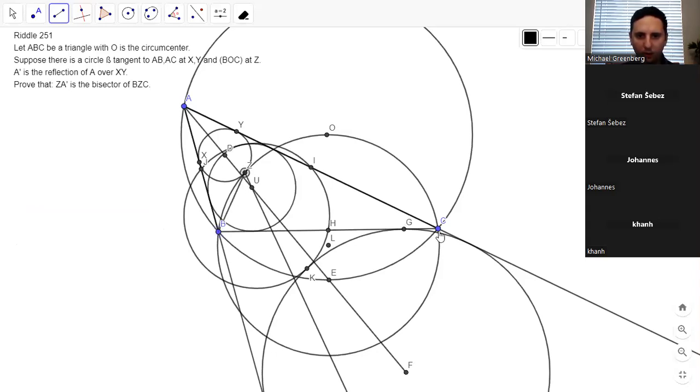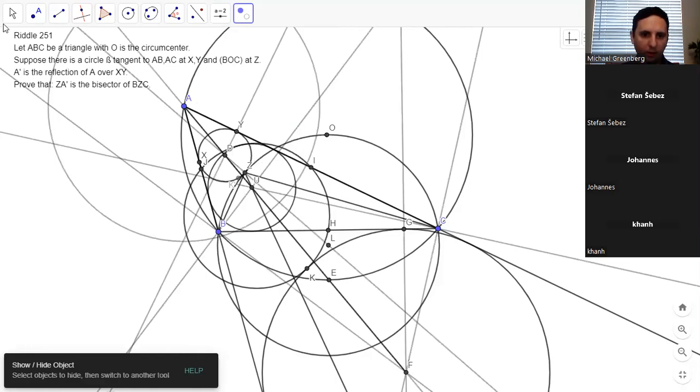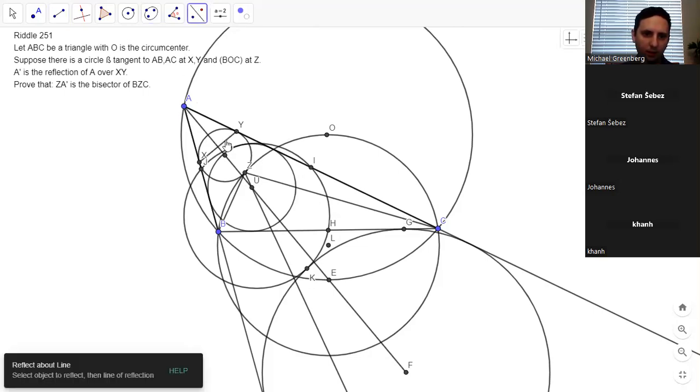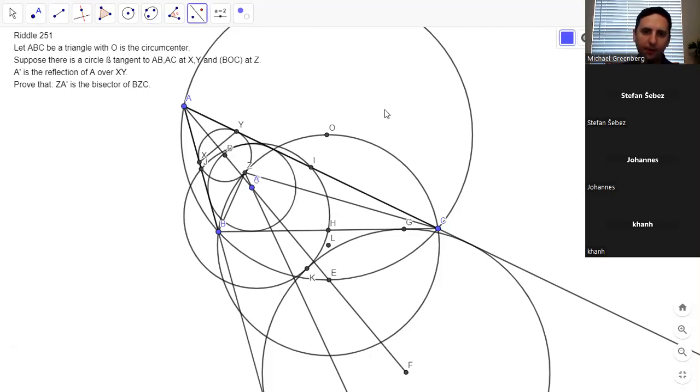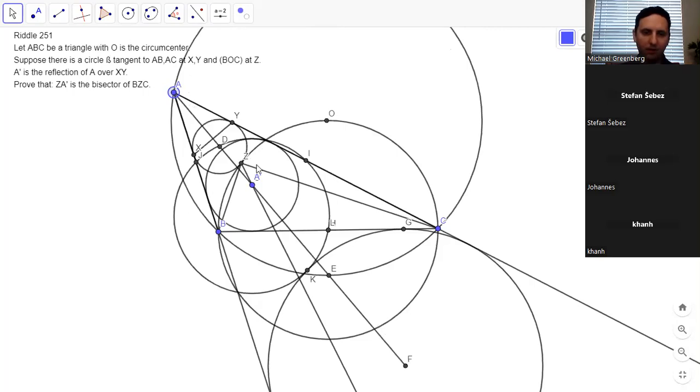And oh, it looks like I accidentally hit A prime. So we want to show that A prime lies on that. So if I reflect A over XY, oh, maybe A prime is U. It must be, because the problem is equivalent to that.